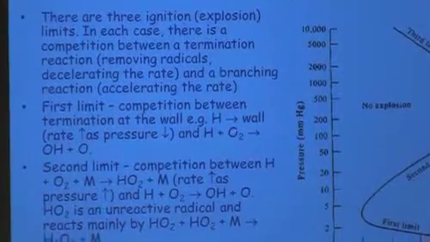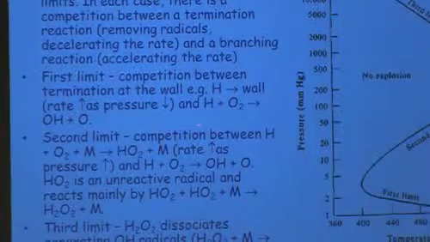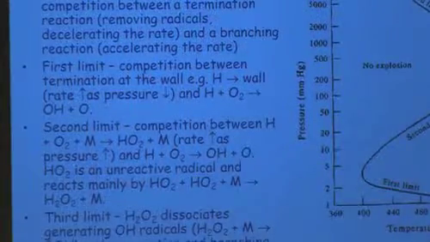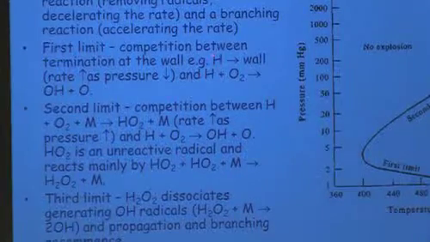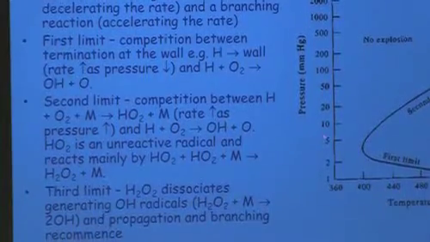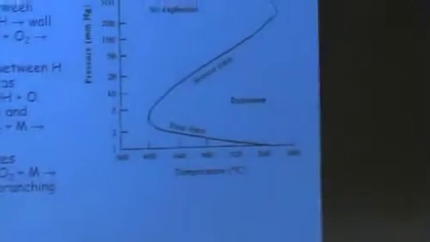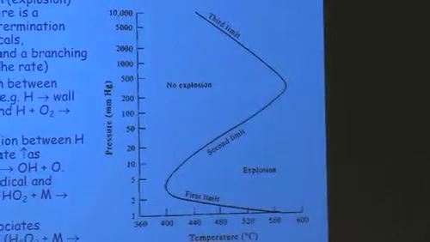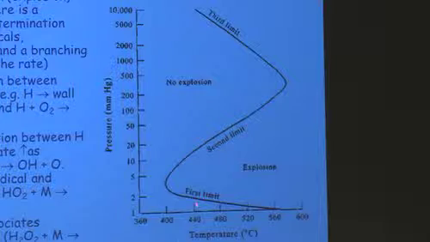Here's one of the branching steps, the more important branching step, H plus O2 going to OH plus O. There's also O plus H2 going to OH plus H. So the competition between these: as we go to lower and lower pressures, so as we come down here at a particular temperature, the radicals can diffuse more easily to the walls, and so termination begins to win over the branching step.